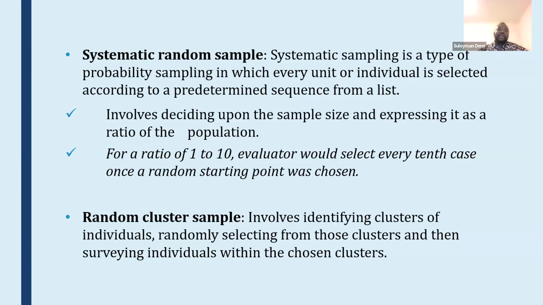That would be the cluster. So the first one, the systematic, is all sports teams, and the random cluster sample is polling certain sports teams instead of all of them, right?